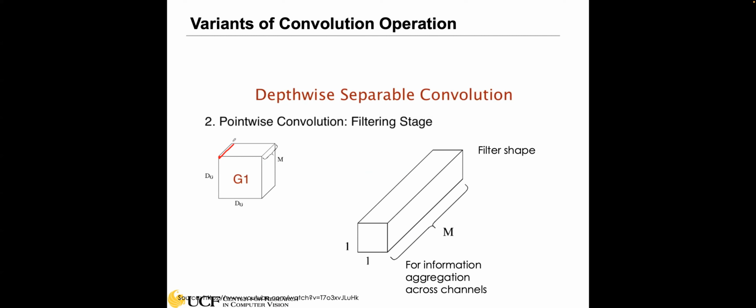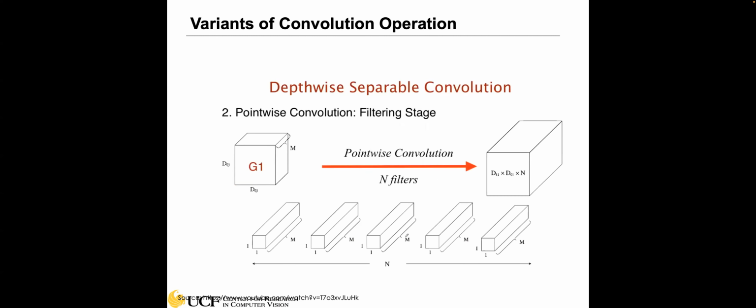We do this multiplication, and if we apply n of them, we are able to generate dg by dg by n feature maps. So one filter generates one feature map, and n filters generate n feature maps. That's the ultimate output after this pointwise convolution.